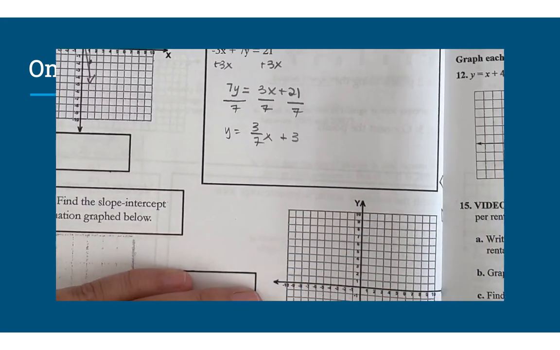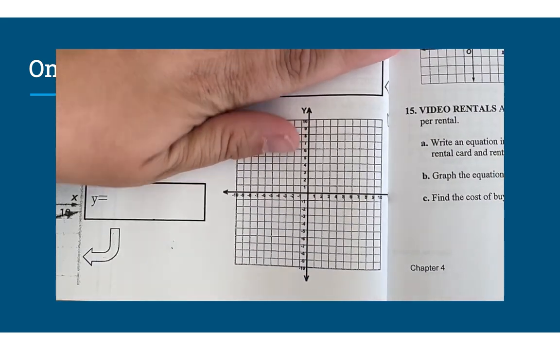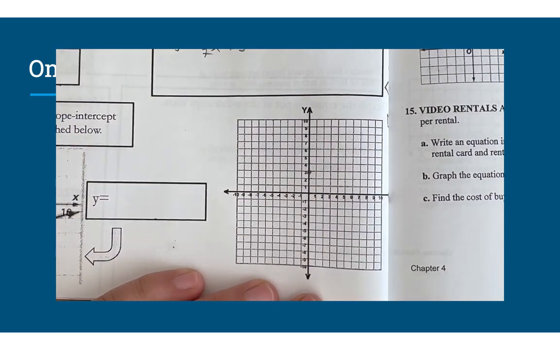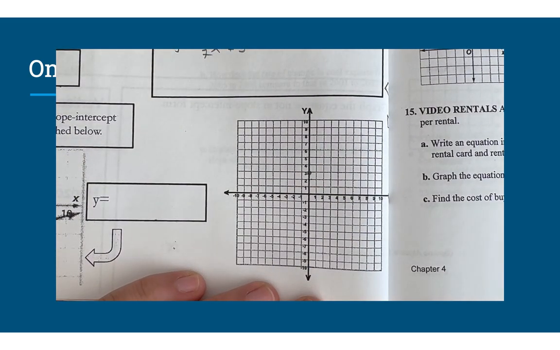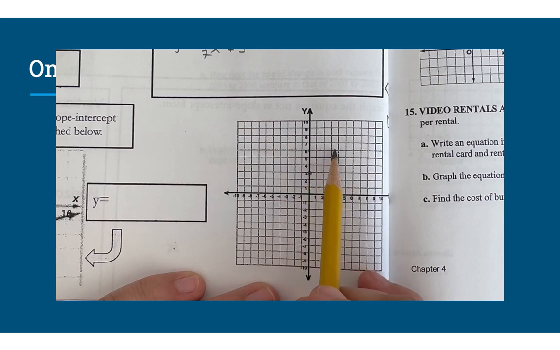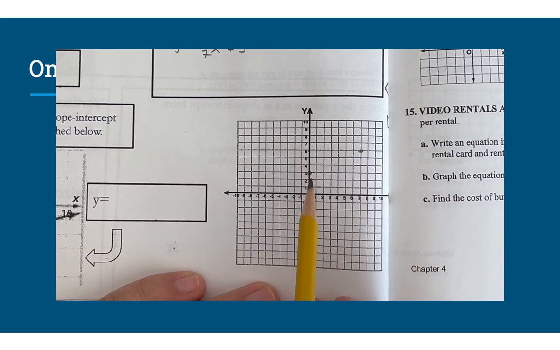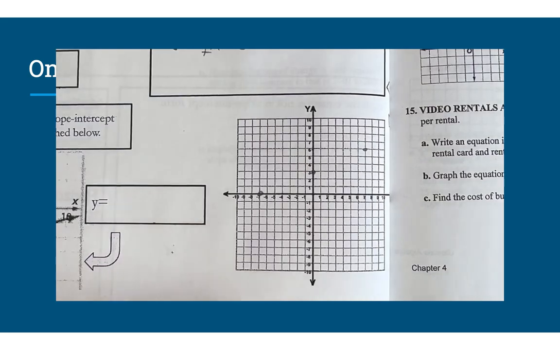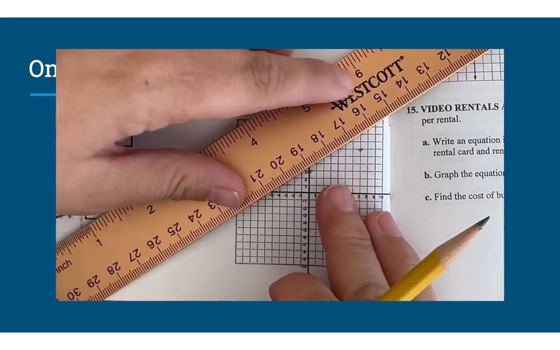Graphing this down below on the graph, I'm going to find my y-intercept of 3, and if I can, I'm going to graph 3 up, 7 to the right. 3 and 7, right there. And I should be able to get one on the other side as well by going down 3 to the left 7.